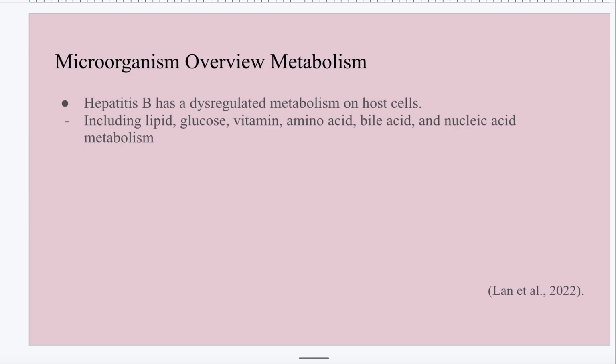Next, for hepatitis B's metabolism, hepatitis B has a dysregulated metabolism on host cells, including lipid, glucose, amino acid, vitamins, bile acids, as well as nucleic acid metabolism.